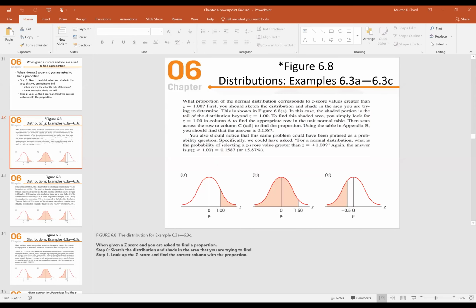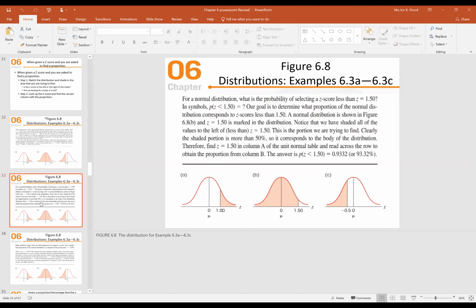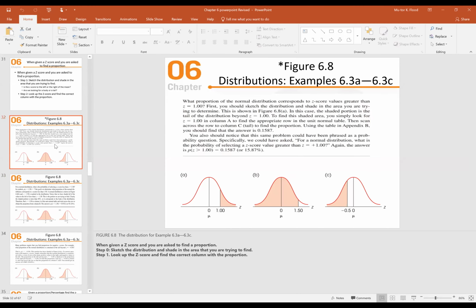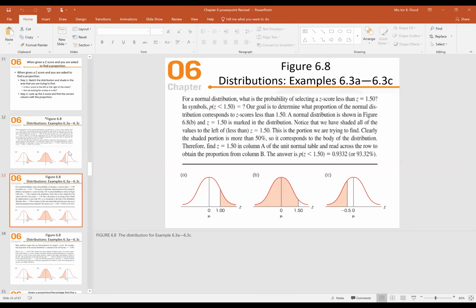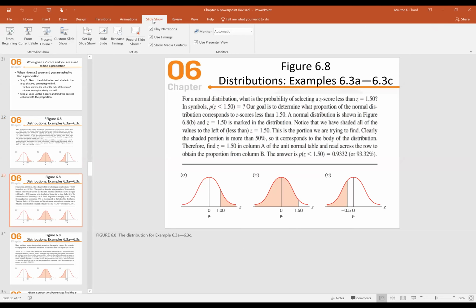Okay, so let's try another question. For a normal distribution, what is the probability of selecting a z-score that is less than 1.5?